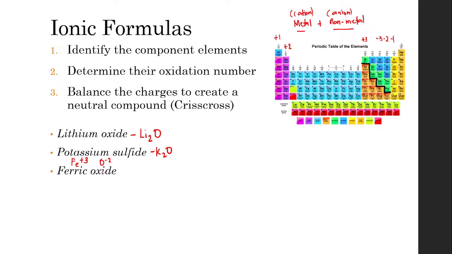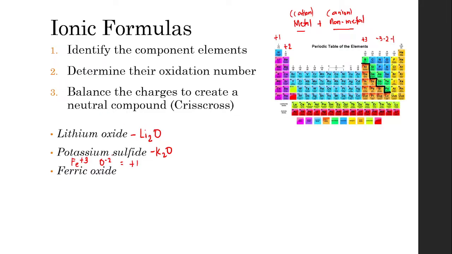So in this situation, how am I going to balance this? Well, you basically have to add them. So we have +3 and -2. If we add them, we have +1.